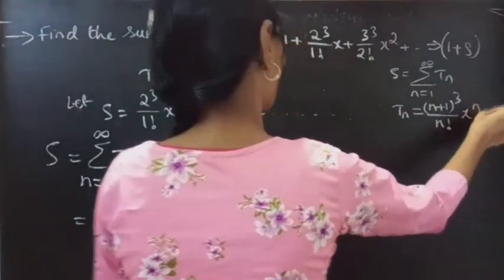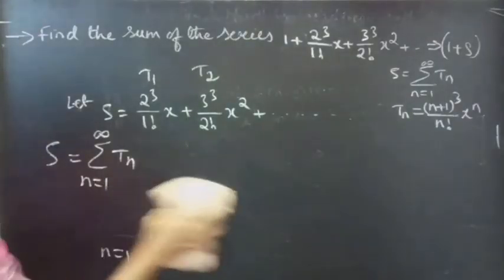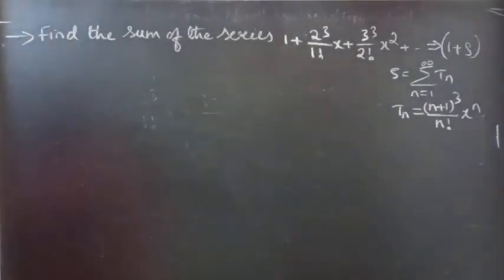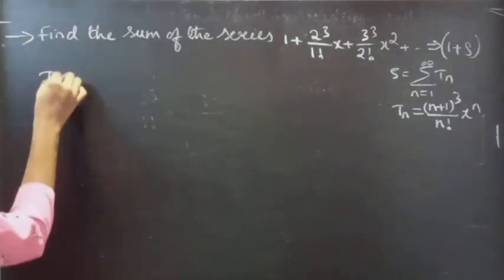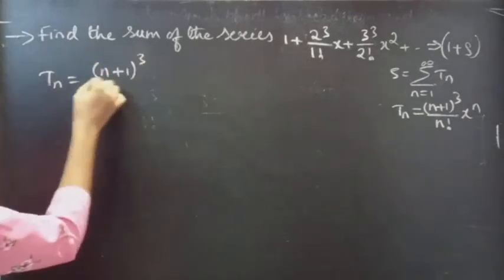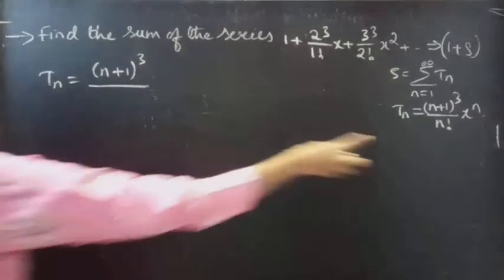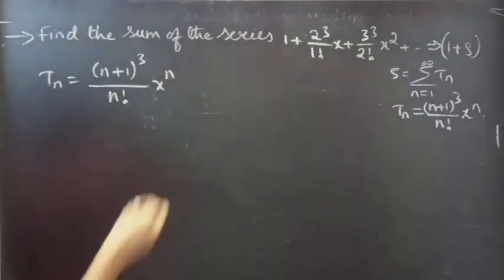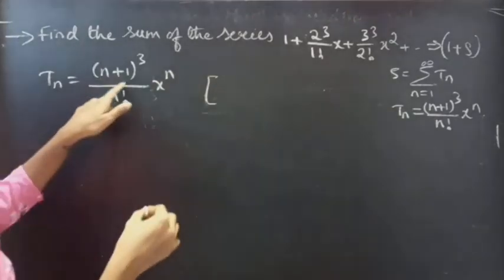Okay, fine. Let's consider Tn, which equals n plus 1 whole cube by n factorial into x power n. In the numerator, you are having n plus 1 whole cube, right?